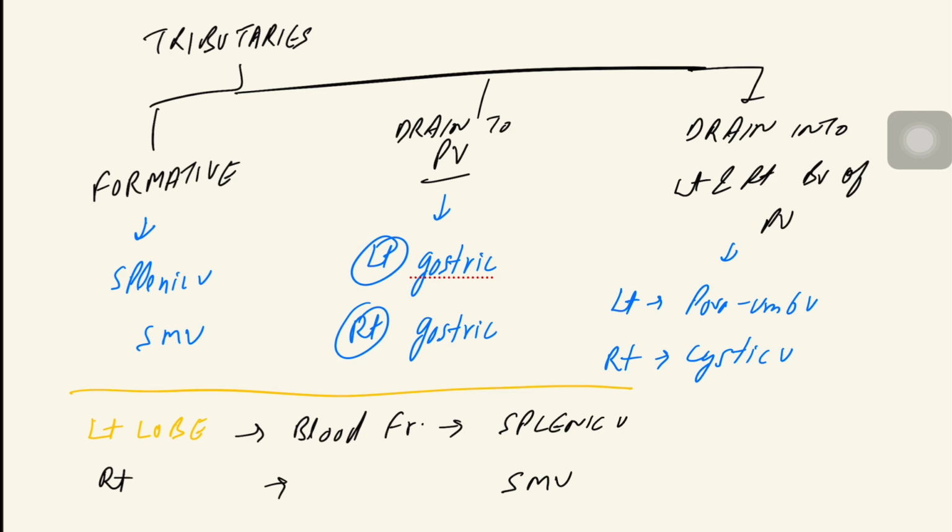Okay, now we need to have a look at its parts. So in order to study the parts, we will draw a similar diagram. This is your liver. Over here you have your duodenum. Then over here you have your pancreas.